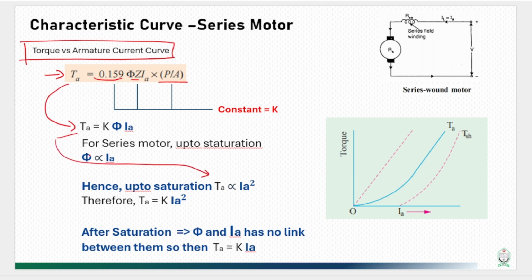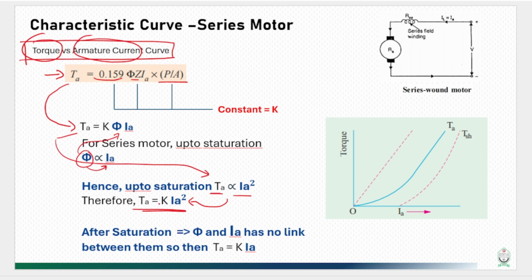Because flux is proportional to armature current, flux can be rewritten as armature current here. So we can write that torque is proportional to the square of armature current. As we know, the proportional sign can be removed with a constant, so the final equation stating the relationship between torque and armature current is something like this.